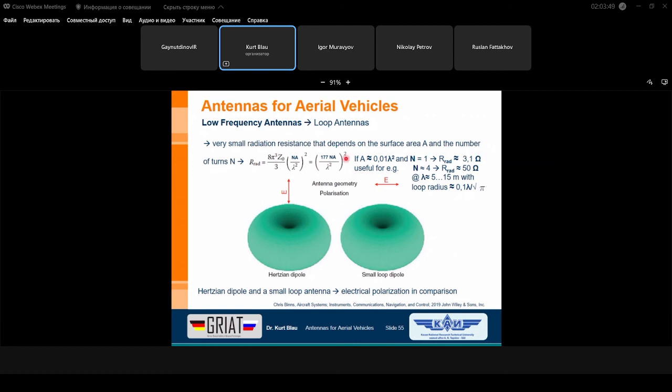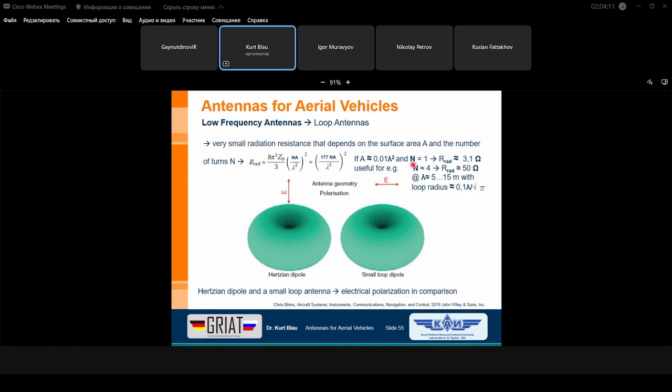This we can apply directly. It's based on the assumption that we have a current distribution around the circumference of non-constant current, which means it goes also after a sine function.